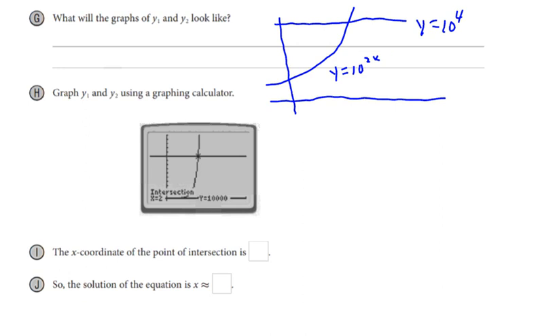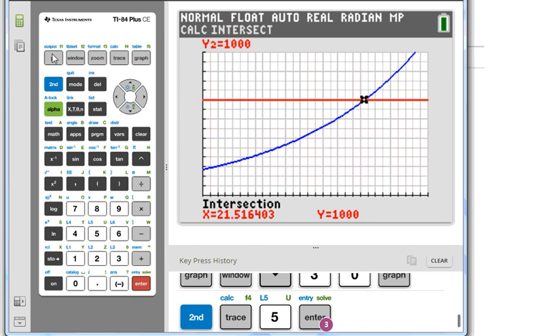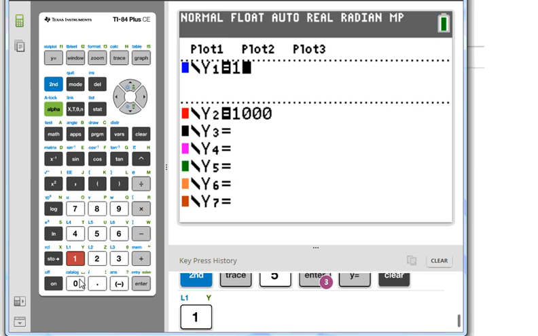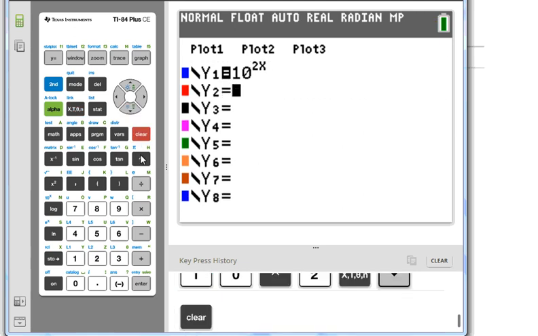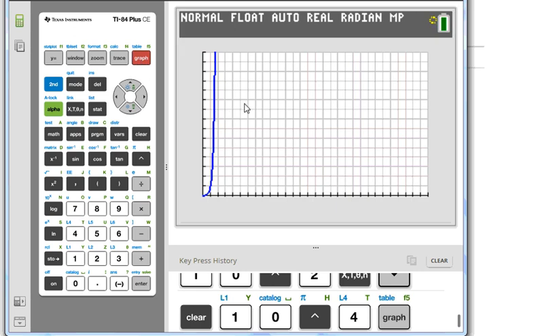Same thing, go to our calculator. So 10 to the power of 2x equals 10 to the power of 4. And I think 10 to the power of 4, that's going to be 10,000, isn't it? So we graph this, and we don't see a whole lot.